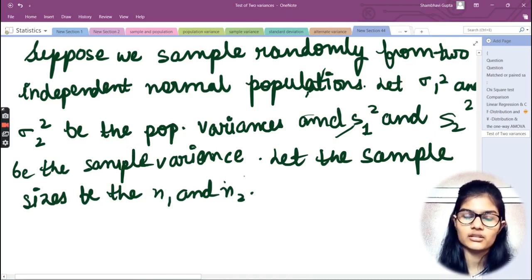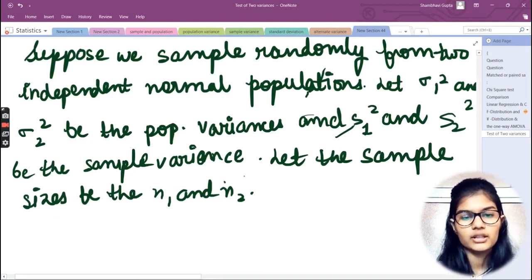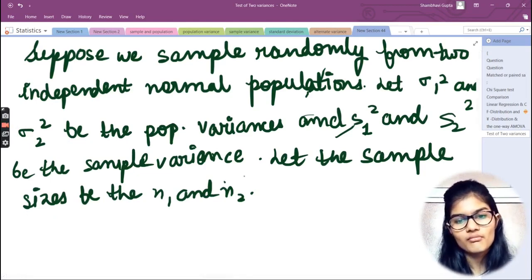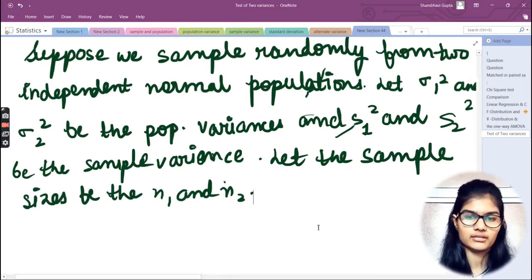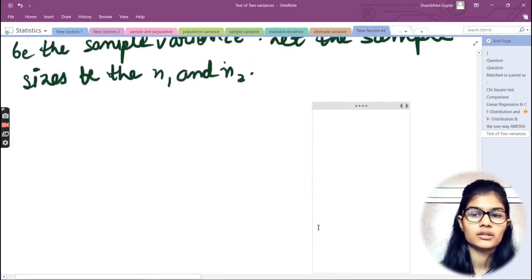In that particular case, we could address all of these things this way. So as we just wanted to find out, we're interested in comparing the two sample variances, so we're going to use the F ratio. Let me show you the formula for the F ratio.